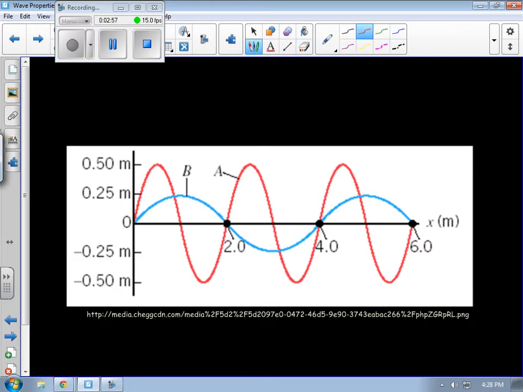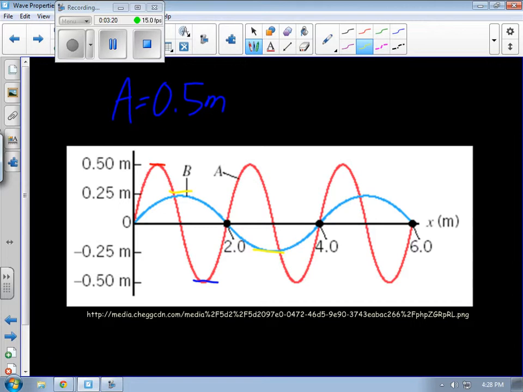So our red wave travels up 0.5 meters and then travels down 0.5 meters. So our amplitude, so A for the red wave, equals 0.5 meters. For our blue wave, we only go up 0.25 meters and then down 0.25 meters.